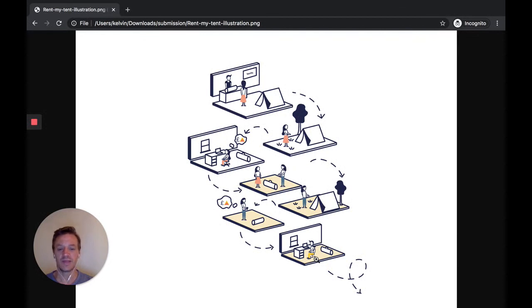There will also be lapse deposits, so if the person who hires a tent doesn't complete the next onward transaction, they default on it, then they would lose the deposit. Now that deposit could be claimed by Rent My Tent, but it also could be distributed amongst the members of Rent My Tent. So there's a few ways we can monetize this.